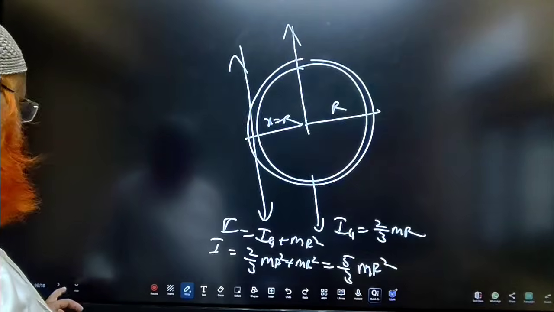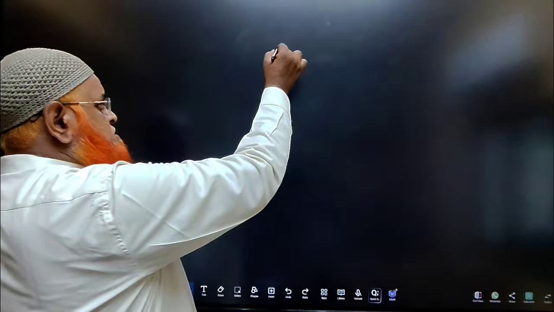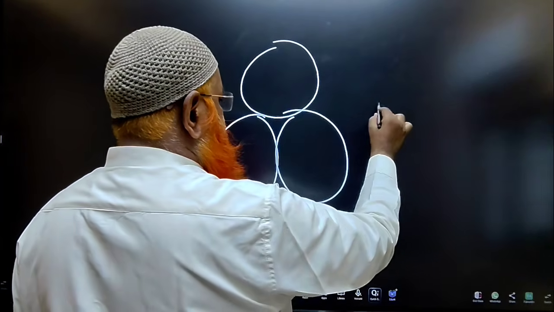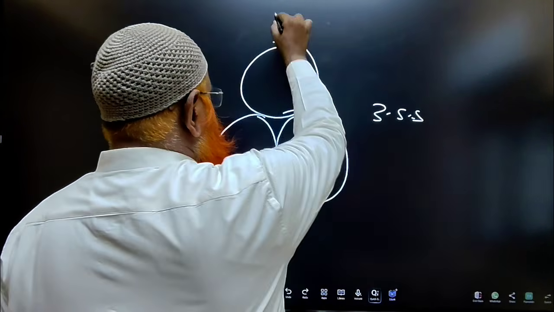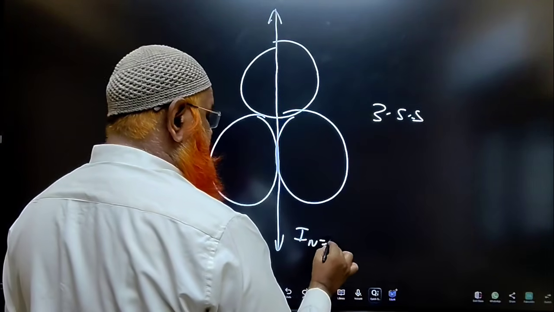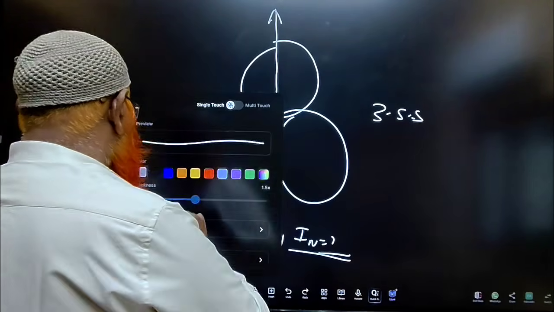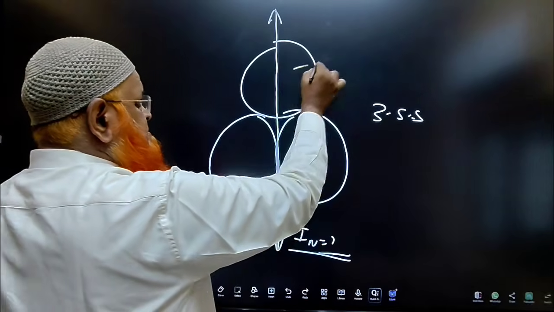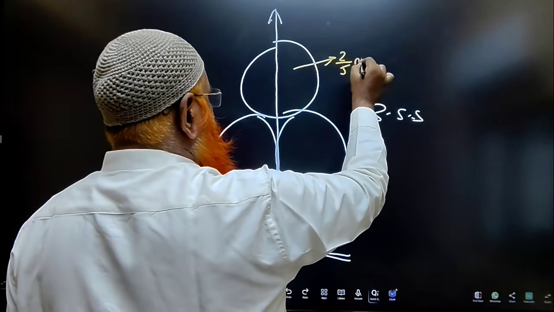So now if I give 3 solid spheres like this, and with respect to this axis, what is the net moment of inertia? Can you tell me for a solid sphere? So what is this? Solid sphere 2 by 5 mr square.